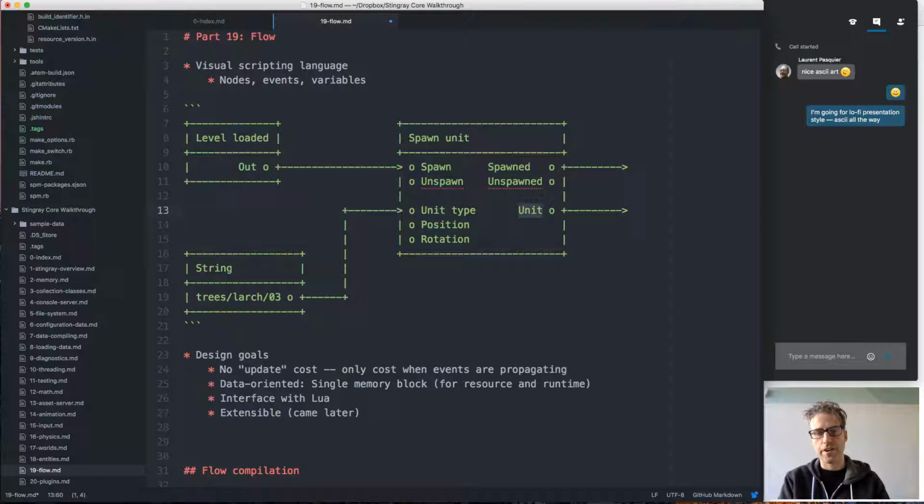Then we have an output variable too, which is the unit that we just spawned. So after this has done its thing, this unit here will reference the unit we just spawned, and other nodes connected here might use that. So in a sense, this is a bit like a function.